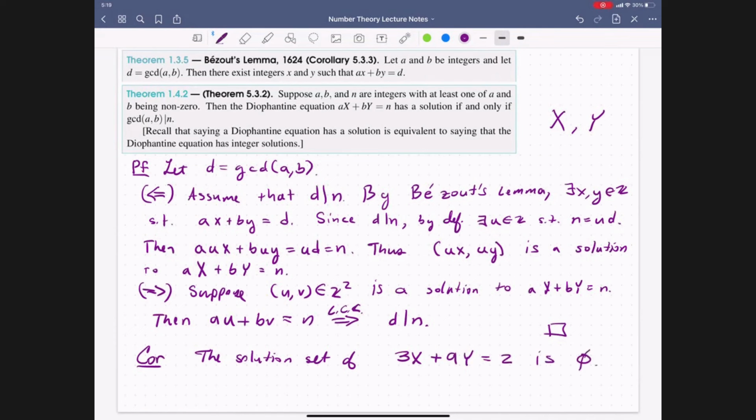Because 3 and 9, the GCD, is 3. And the only way we can have a solution is if the GCD of 3 and 9 divided 2, which is definitely not the case in here because 3 does not divide 2, so it follows that the solution set is empty.